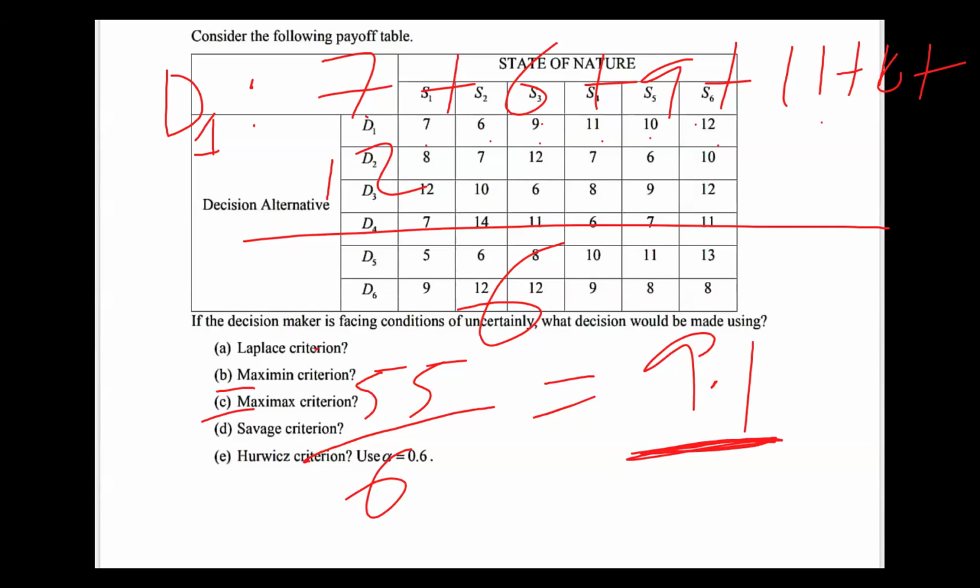Then we go to the next decision. We're going to calculate the mean as well, or the average score. Suppose 55, we divide by 6.